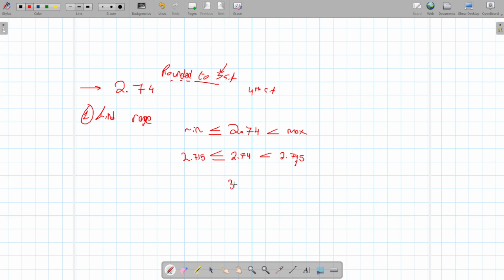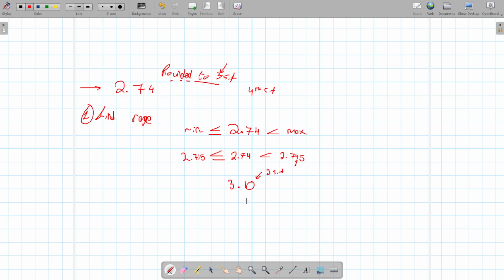I'll give you another example. This is a good one. 3.10, and I'm going to tell you this is rounded to 3 significant figures.